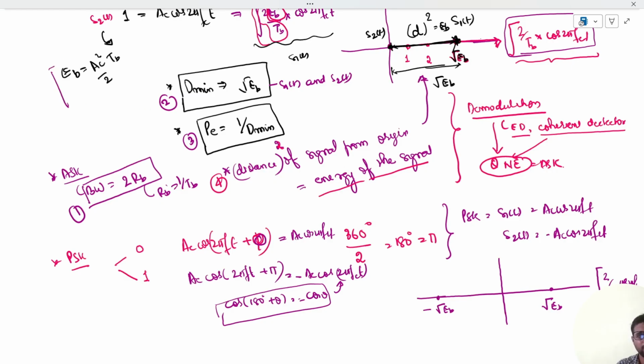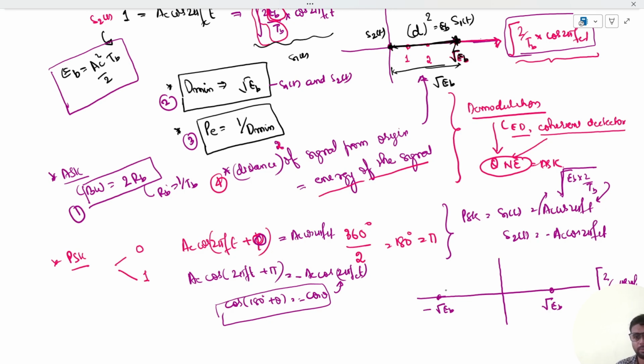From here we have this equation between AC and EB. If you rearrange AC, this can be written as root over EB into 2 upon TB. If we plot this, we get only root over EB here, and here we will have minus root over EB.